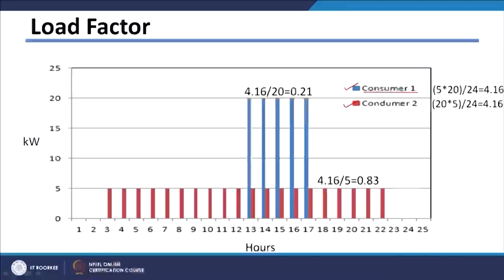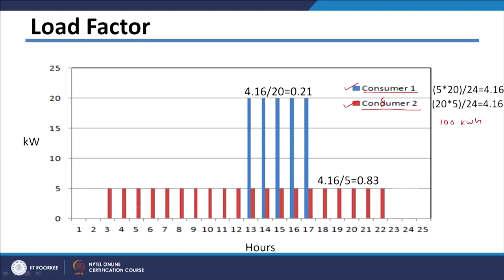If you calculate the energy consumed by this consumer and by this particular consumer, it can be easily calculated. The energy consumed by this consumer: in 5 hours it is consuming 20 kilowatt, so the total energy consumed will be 100 kilowatt hour.